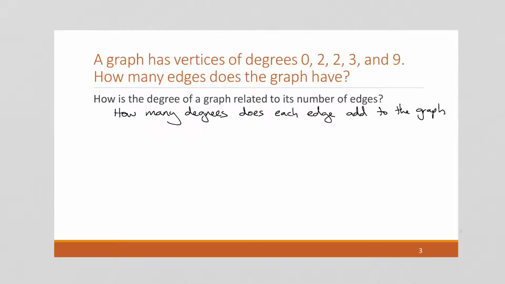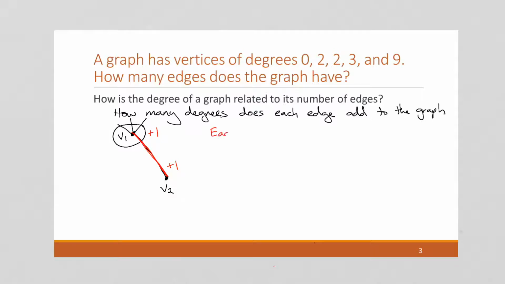If we have an edge with its 2 endpoints, V1 and V2, how many degrees does that add? Well, I don't know how many other edges are attached to V1, for example, but if we draw that circle that I mentioned on the previous slide, we can see that our edge of interest, this one between V1 and V2, is going to add 1 degree to the degree of V1 and 1 degree to the degree of V2.